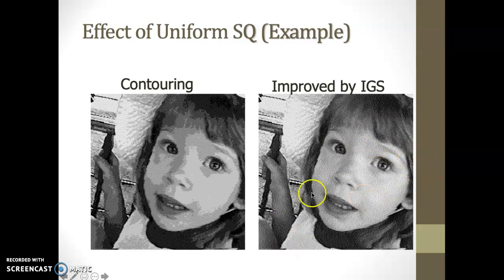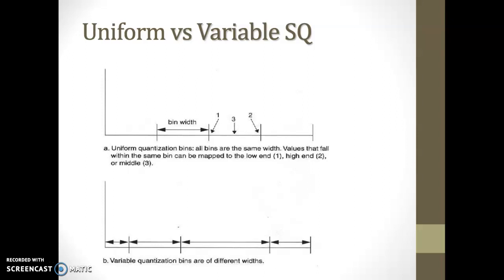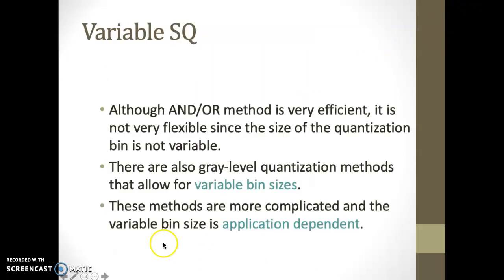But there will be more noise, so you have to trade off between the quality and the contouring problem. So next is variable quantization. Variable means the size of the interval is different compared to the uniform.